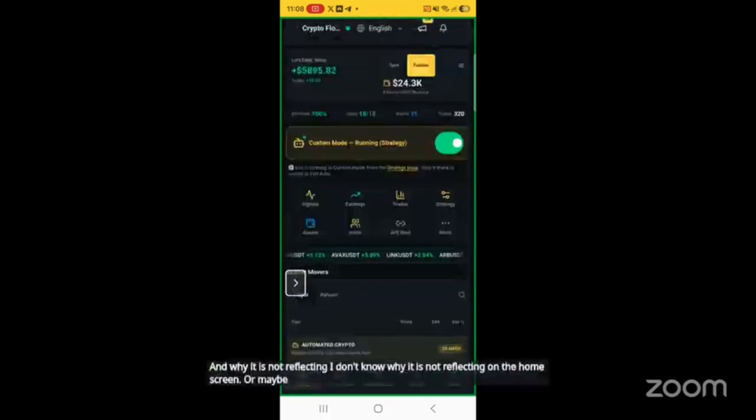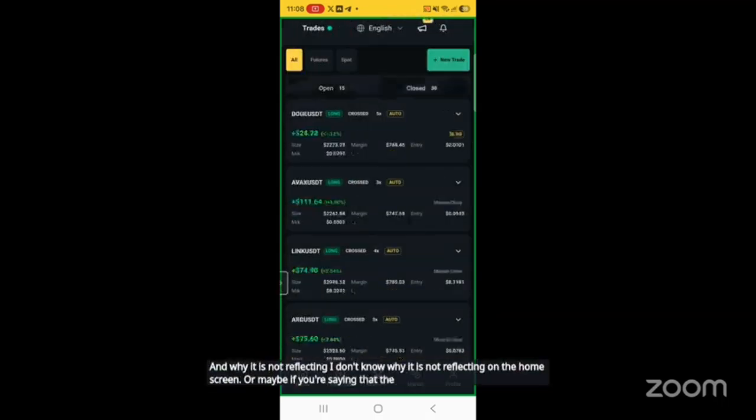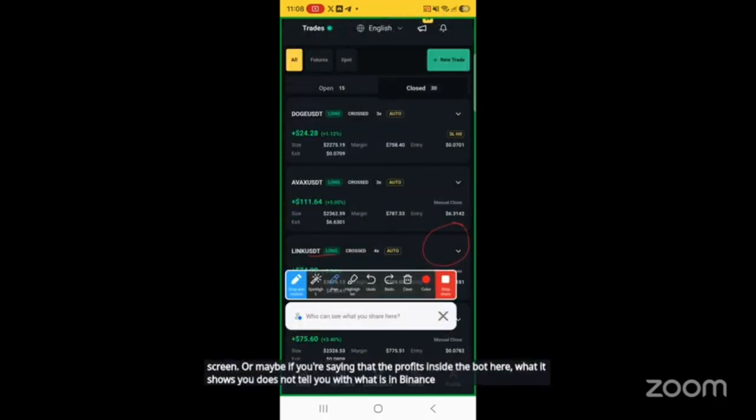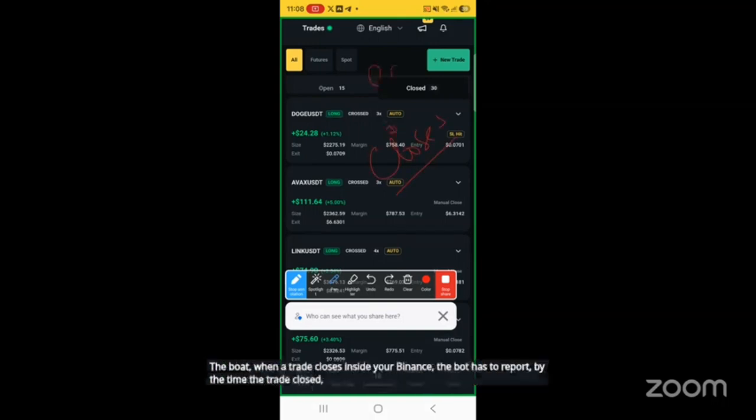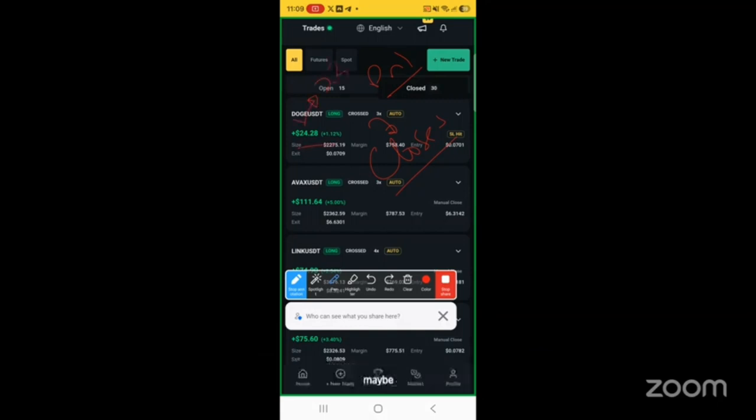Or maybe if you're saying that the profits inside the bot do not tally with what is in Binance, that one I can explain to you. Remember, when a trade closes inside your Binance, the bot has to report what the PNL was, what the profit was by the time the trade closed. In this case, for example, it was 24.28. But when you go to Binance, you might see that Doge closed with a profit of maybe 23.8.